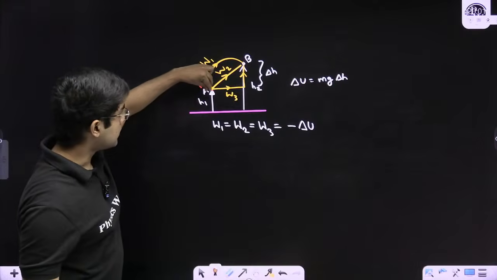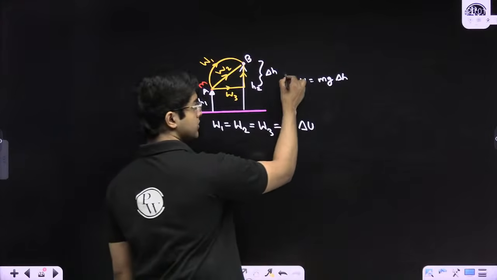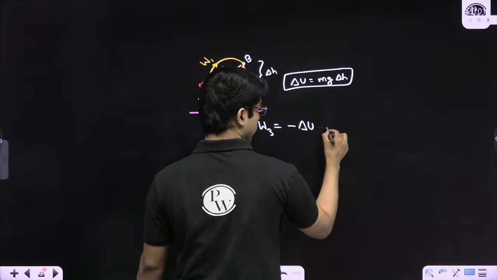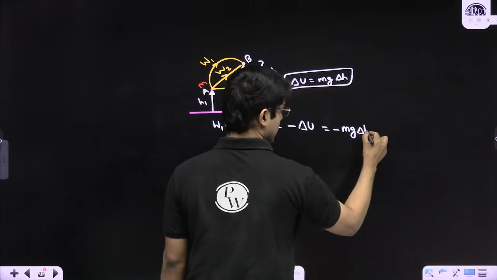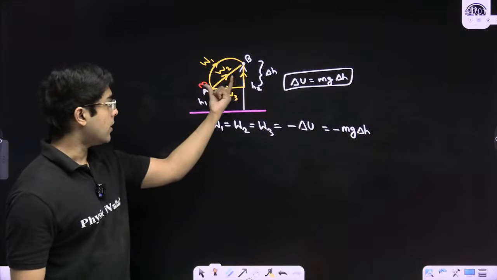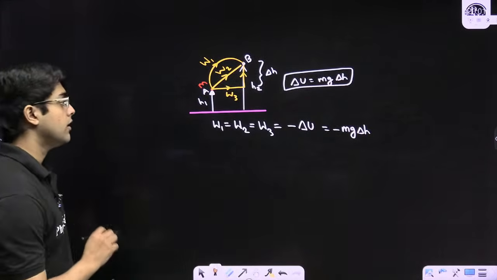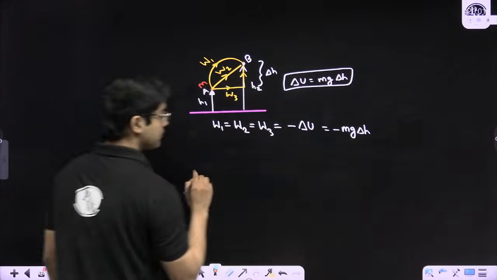So if you take a mass and increase its height by delta h, the potential energy increases by mg delta h. So the work done by mg in path 1, path 2, and path 3 are all equal to minus mg delta h.